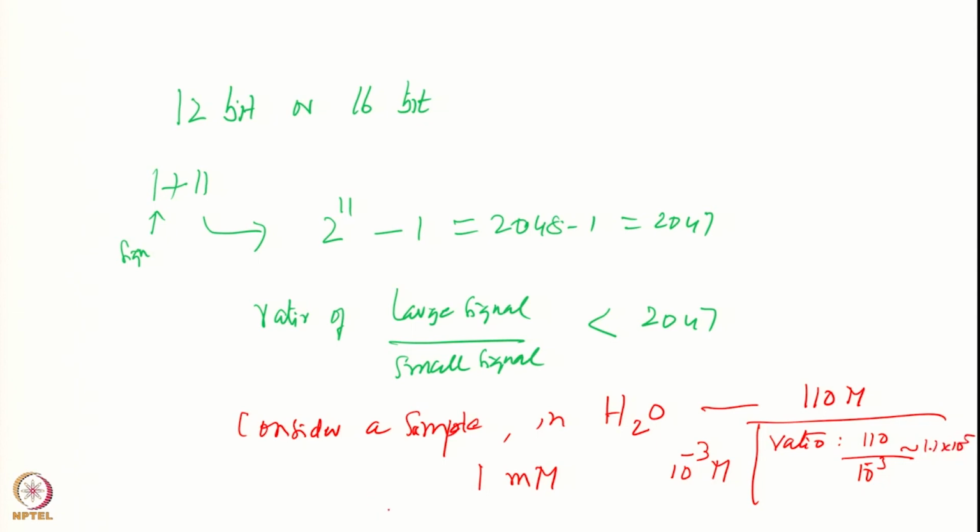Okay. So, therefore, it is impossible to represent this number in this 12-bit digitizer, and this is called the dynamic range. In such a situation, the small signal gets lost.